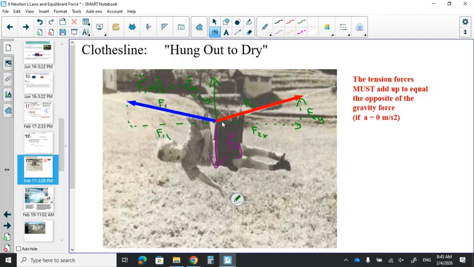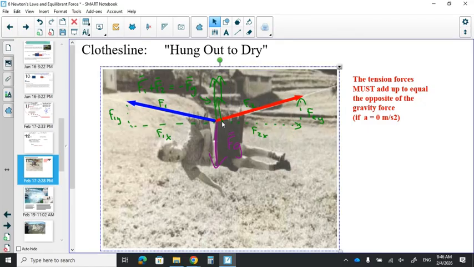We have F1x and F1y. And if you look at those two y components, F2y and F1y, and I slide those over, they add up to, of course, the same as the addition of the two of them, right? Roughly, anyways, get the idea. So you can't tighten that rope that much, right?